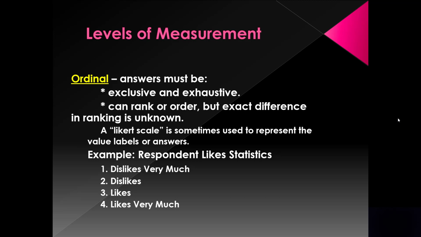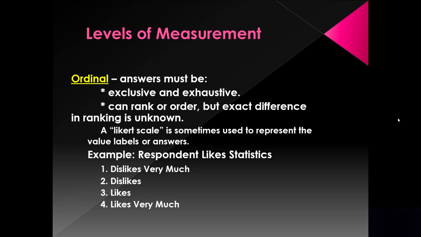And you can probably also see that if they like statistics, that's probably more liking than dislikes very much, right? But you don't know exactly how much more. That's what makes it ordinal. You can see that there's a ranking in these four answers, but you just don't know the exact difference. If somebody picks likes, it's not 5 times as much liking as dislikes very much.